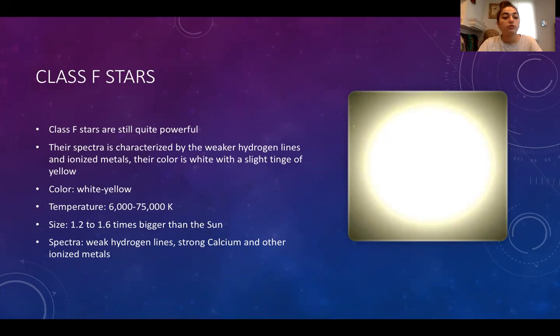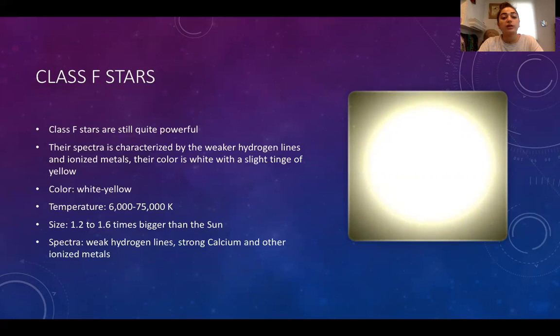And you told me you would like me to talk about F, G, K, and M stars. So F, G, K, and M stars are the more cool stars. So we'll start talking about that. So for class F stars, they are still quite powerful, even though they're not the hottest stars. They are still pretty hot.